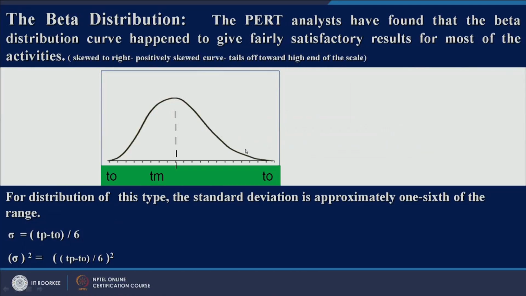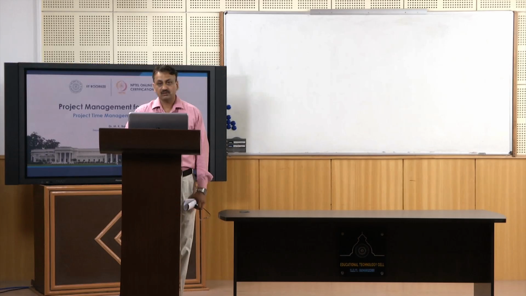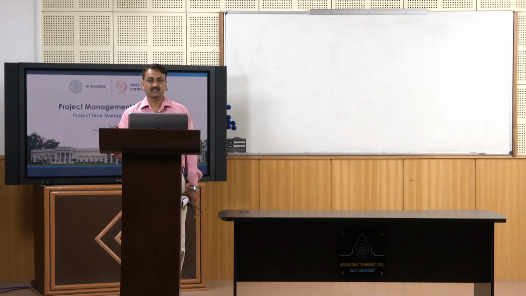An activity is not a normal shape. But in a project you will have hundreds or thousands of activities, and the project as a whole is a normal distribution. So keep this point in mind.